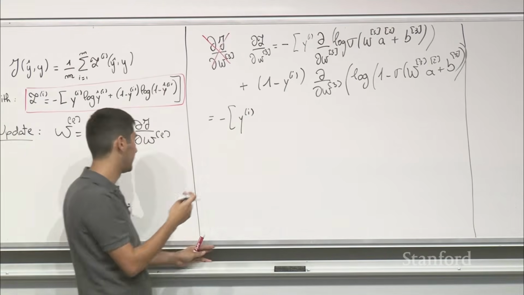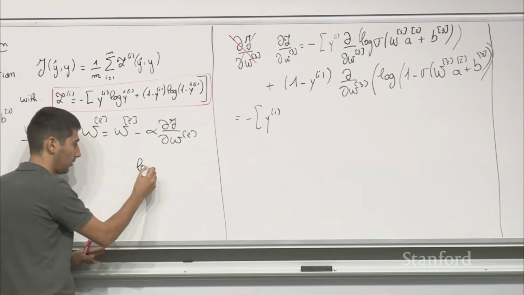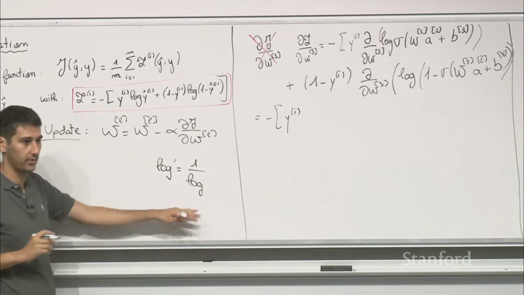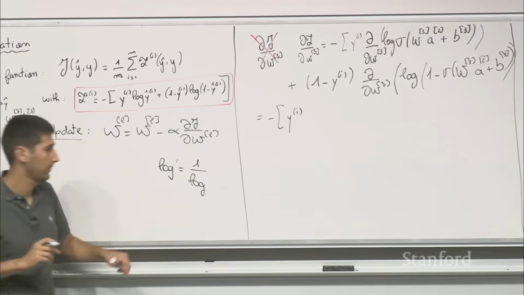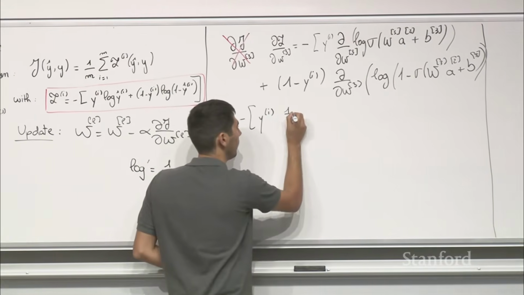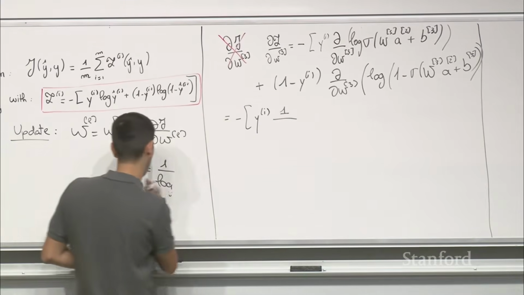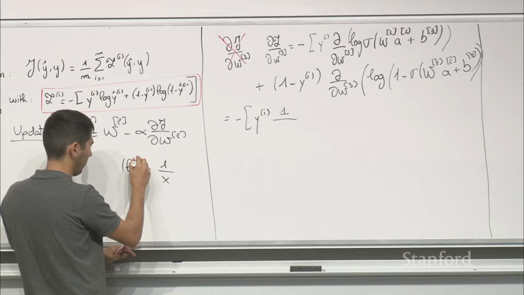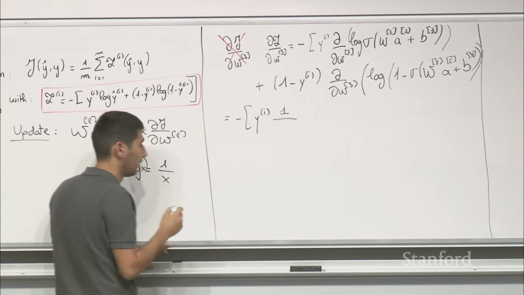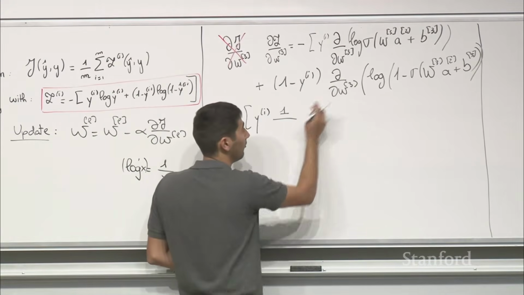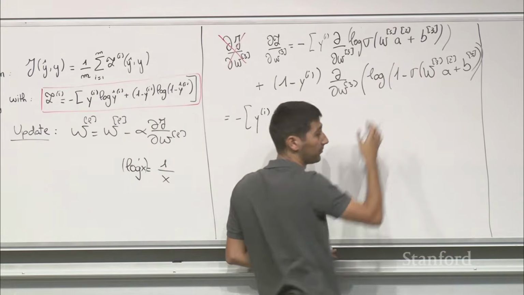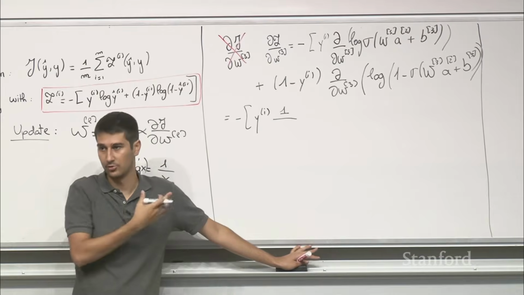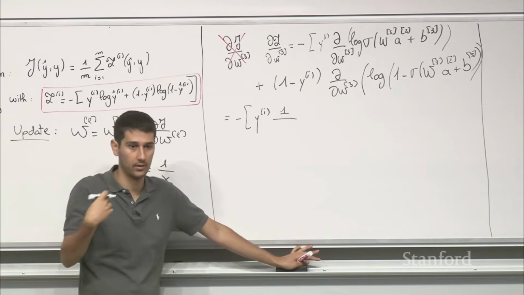So the derivative of log: log prime of x equals 1 over x. Remember this formula? So I will take 1 over sigmoid of W3 A2 plus B3. I know that this thing can be written A3, so I will just write A3 instead of writing the sigmoid again.